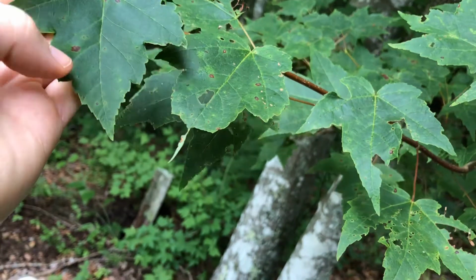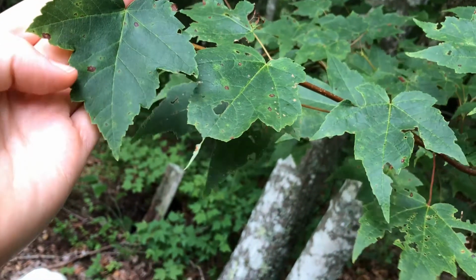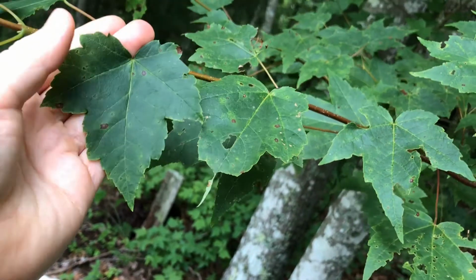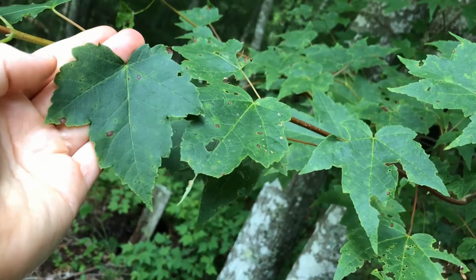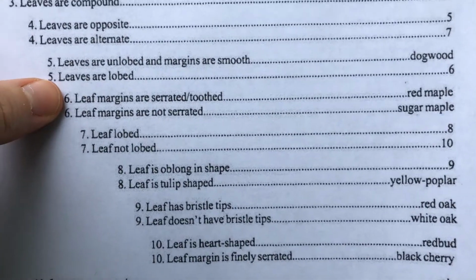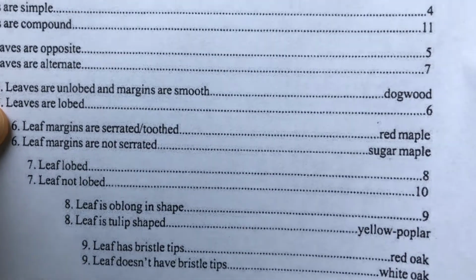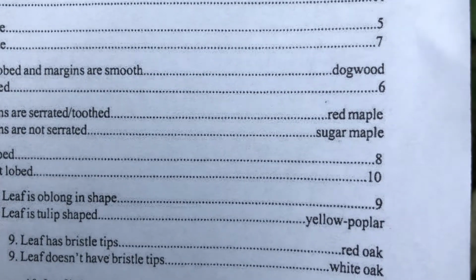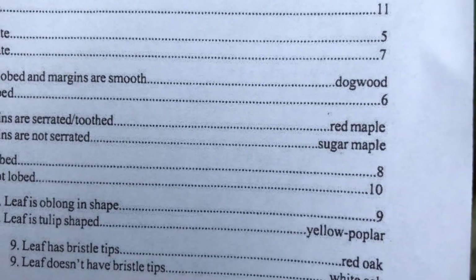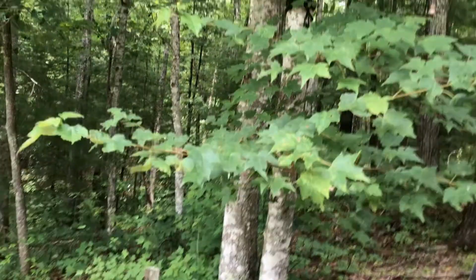It's serrated on the edges. So we can definitely say that this is not a smooth leaf. This is a toothed or serrated edge. So for number 6, we can say that the leaf margins are serrated or toothed. And we follow our dotted line out, and we find out that this tree is a red maple tree. So there's our second one.